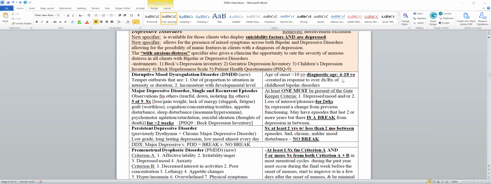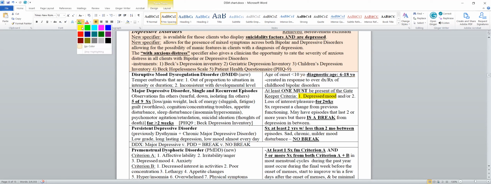So for major depressive disorder, single and recurrent episodes, at least one of the gatekeeper criteria must be present. The gatekeeper criteria include depressed mood and/or loss of interest and pleasure. I should highlight that. So these are the gatekeepers.